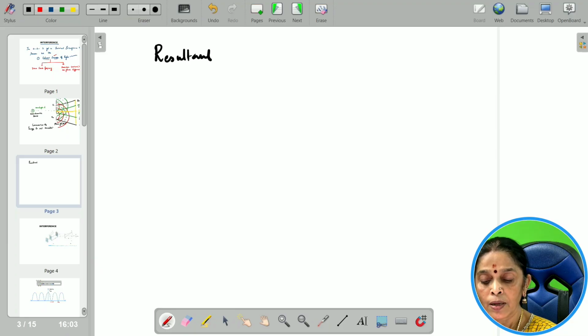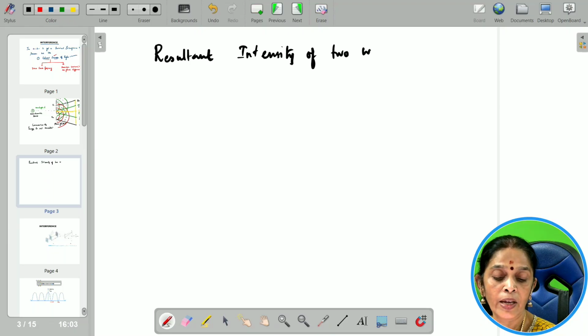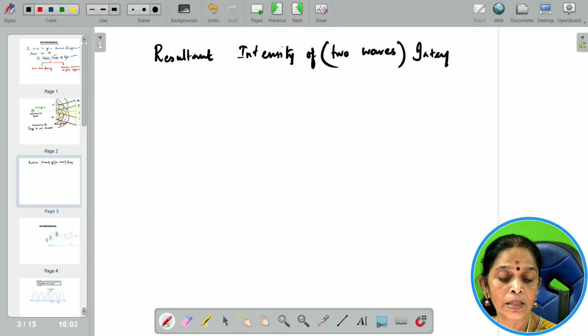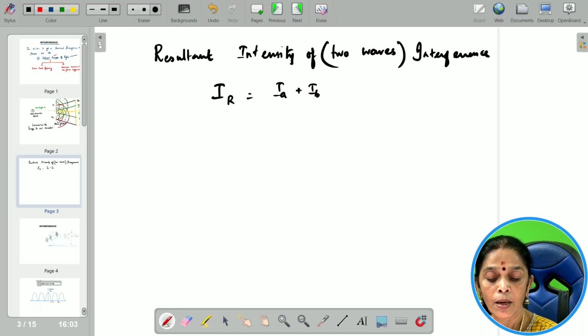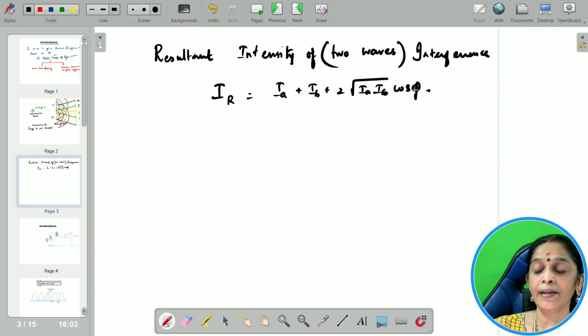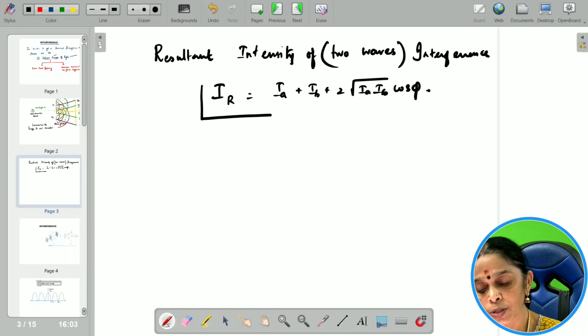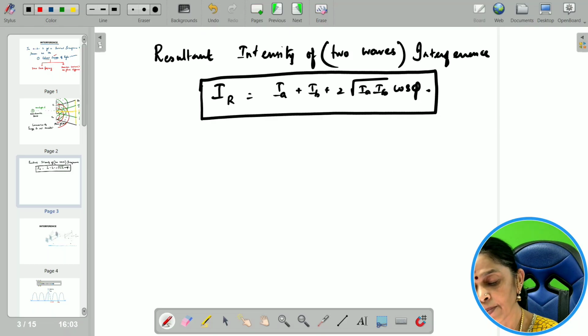The resultant intensity of the two waves in interference is IR equal to IA plus IB plus 2 root of IA IB cos phi. This is the resultant intensity of the two waves, which you have already discussed.